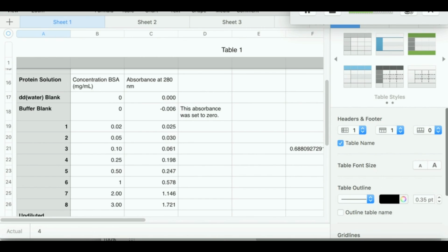The reason for that is because even at the same wavelength, 280 nanometers, BSA will have a different extinction coefficient than paranitrophenol or any other compound. Compounds always have different extinction coefficients at the same wavelength. So this is why you have to do it for the same compound.